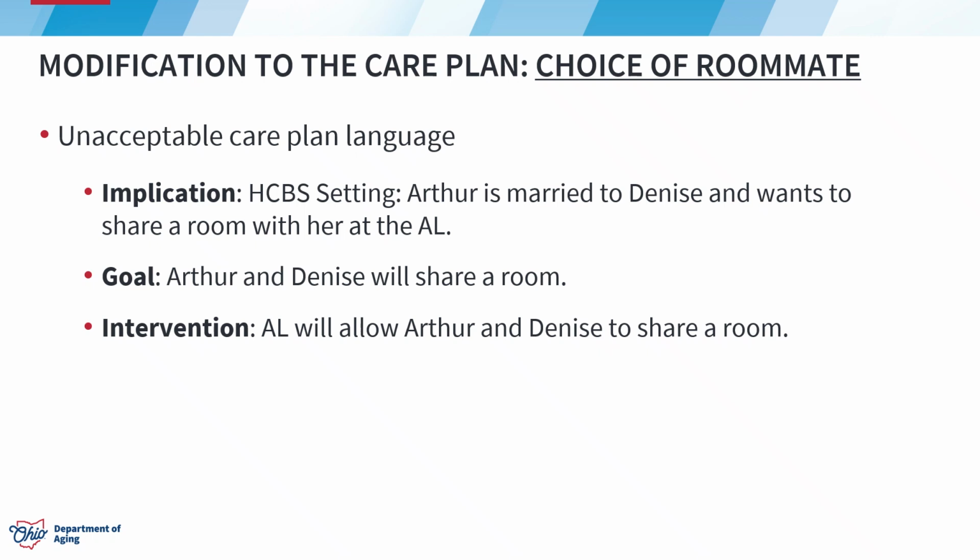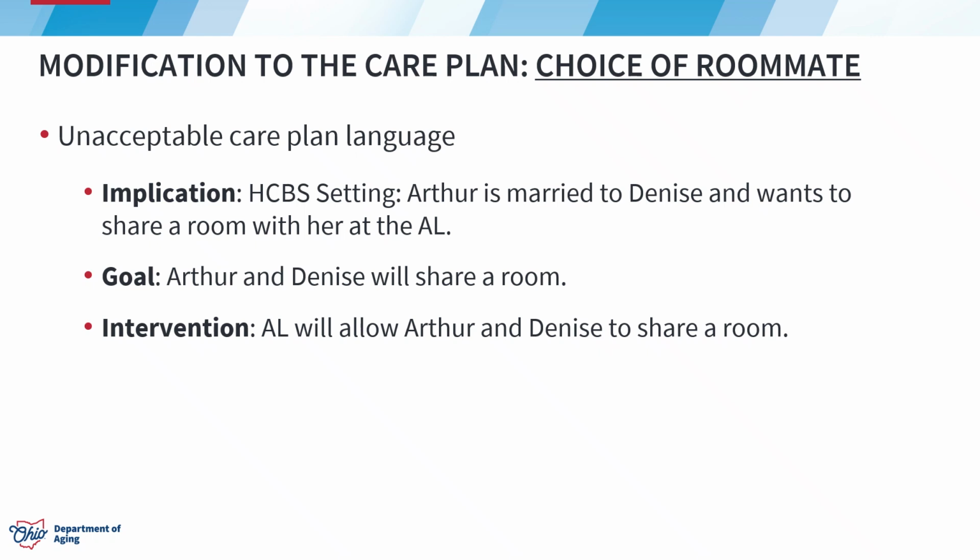Next is that the individual has a choice in the roommate if they are sharing a living unit. Again, looking at your tool, you'll see that that is next on the list. Here's an example of unacceptable care plan language. Again, looking at the last portion of the tool where you see the modification documentation requirements, why is this not acceptable?